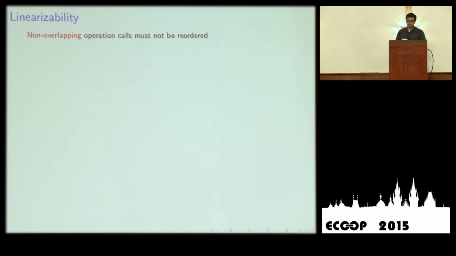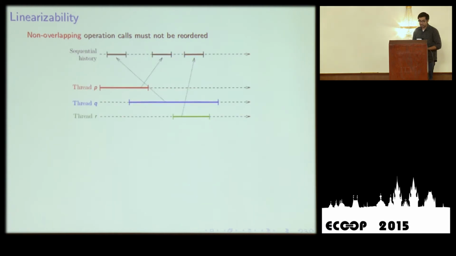What's different? Well, the order conditions are different. Linearizability says that non-overlapping operation calls must not be reordered. Here's a picture of that. You're not allowed to reorder the green and red operation calls because they don't overlap, but you could put the blue before or after, depending on whatever works.